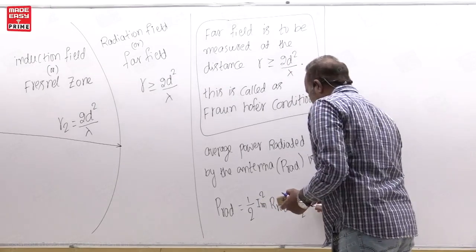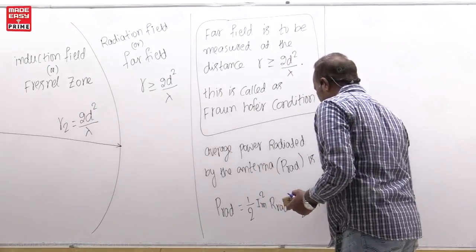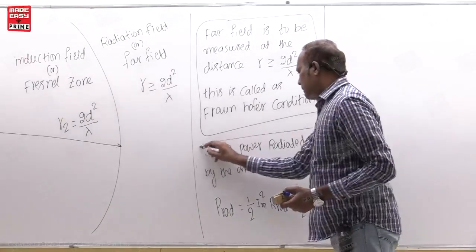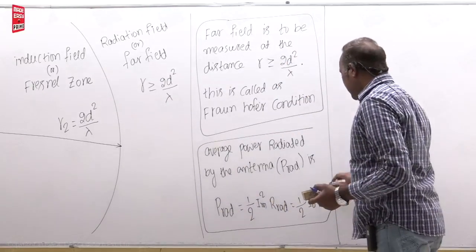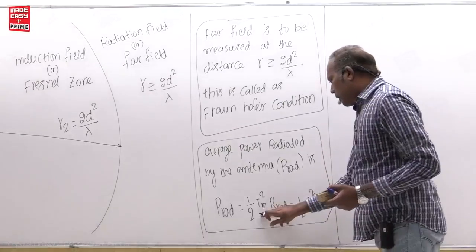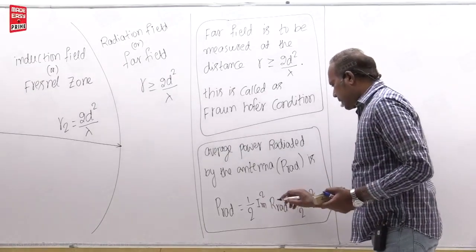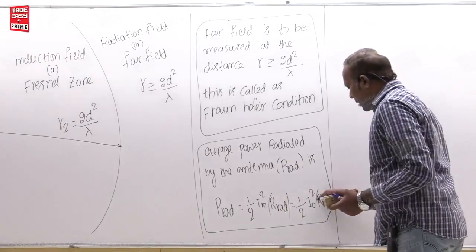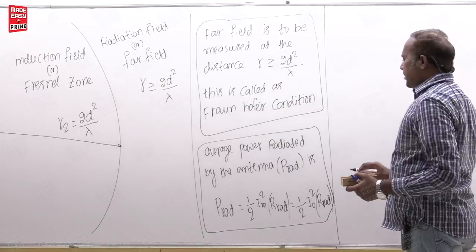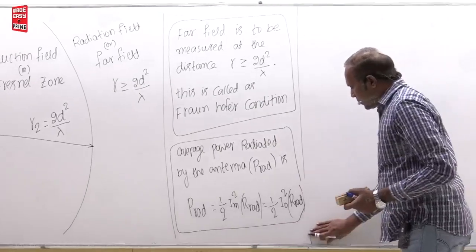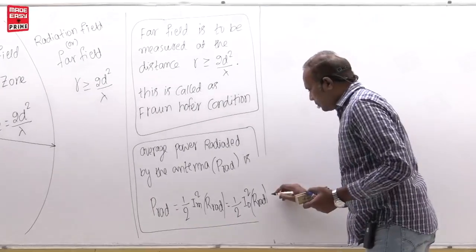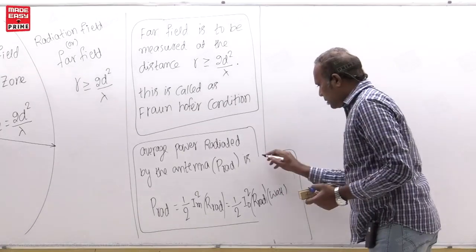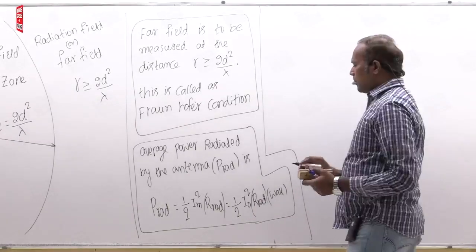Sometimes this Im is also given as I naught, so you should not be confused, that is the maximum value of the current. Some books give Im as I naught. The unit is watt. You have to remember this.